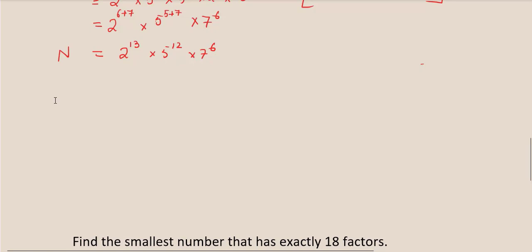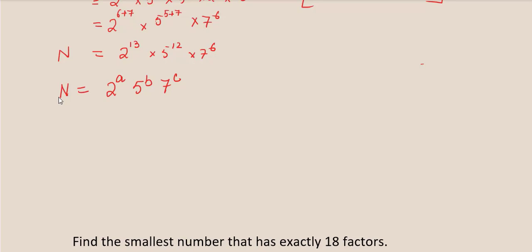So if we represent the number in this form, n is equal to 2 to the power a, 5 to the power b and 7 to the power c, then from here we would be able to find all possible even factors of n.